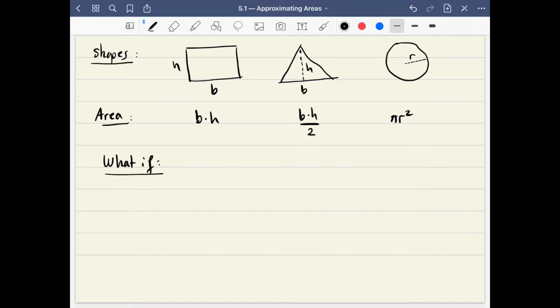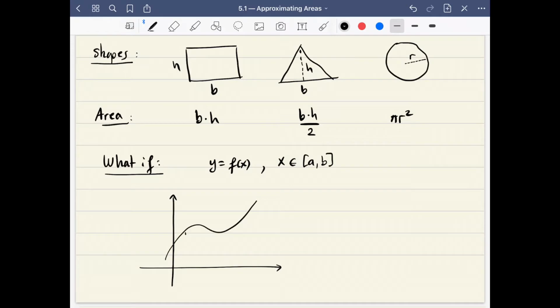Let's say you have the graph of a function y is equal to f of x, and then x is in some closed interval a comma b. So let's say that the graph looks like this. Let me write this again. Let's say this is the graph, and this is a, and this is b.